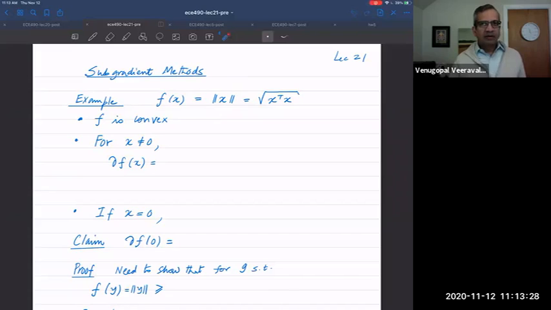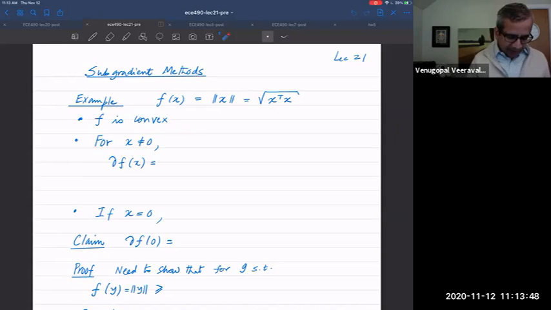At the point when any one of the coordinates is 0 in an L1 norm, you're not going to have derivatives exist, right? A gradient doesn't exist. So you have to really go for subgradients in that case.